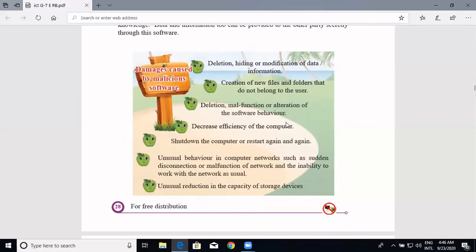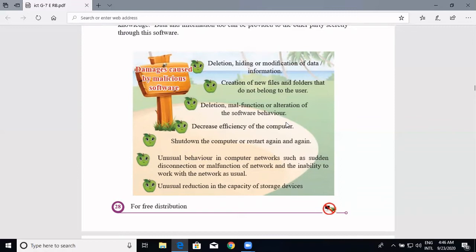And definitely the efficiency of your computer will reduce. It's stuck and not performing well, and sudden shutdowns and sudden restarts can happen. So you have to be very careful. These things can be symptoms to help you identify that there's a virus in your computer, right? Very unusual behaviors of your computer network, sudden disconnection, malfunctioning.